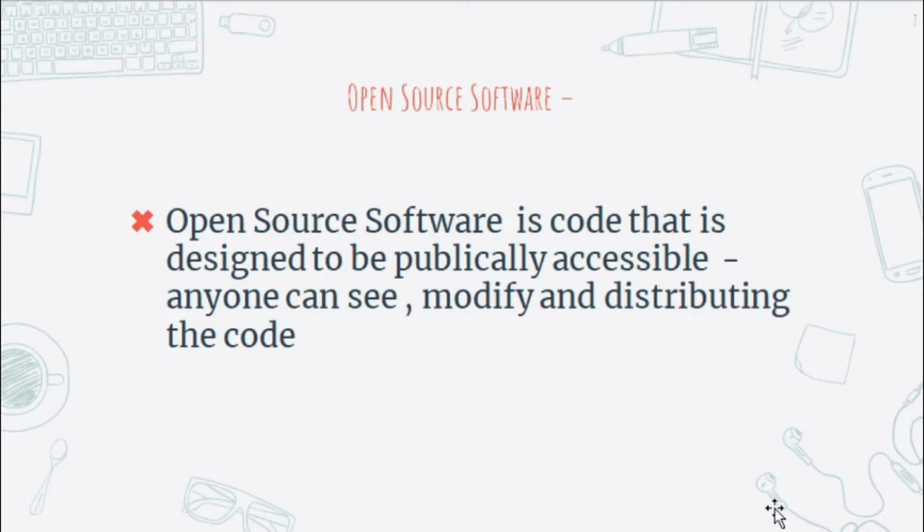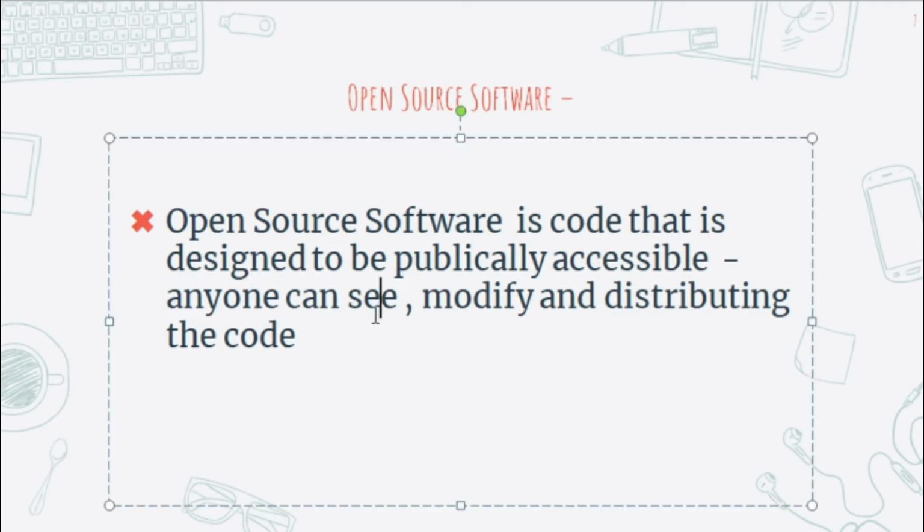Open source software. Our Linux is open source software. Now, what is open source software? Open source software is code that is designed to be publicly accessible. Anyone can see, modify and distribute the code.